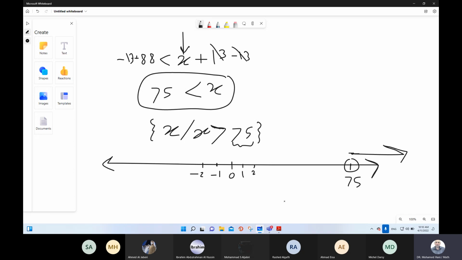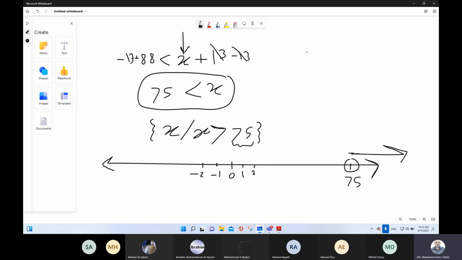Who has any question about this idea? Mr., on every question should we do this line? Repeat, Michelle. On every question we should do this number line? No. If you have in the question graph, you can do the number line.